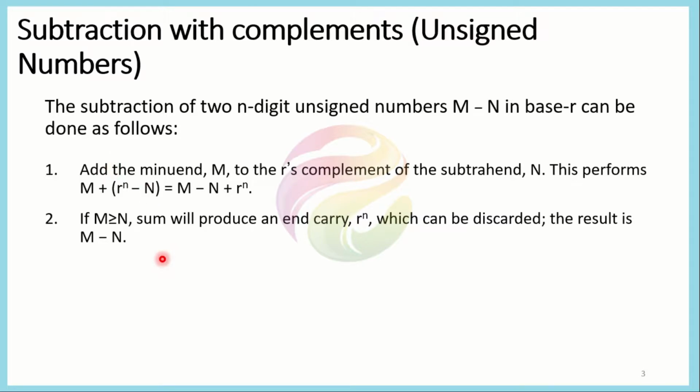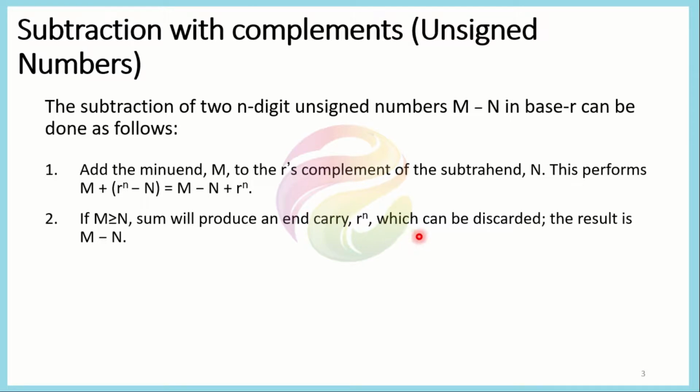There are two cases. Say that m is greater than n when we are performing m minus n. If m is greater than n, this will always produce an end carry in the result.